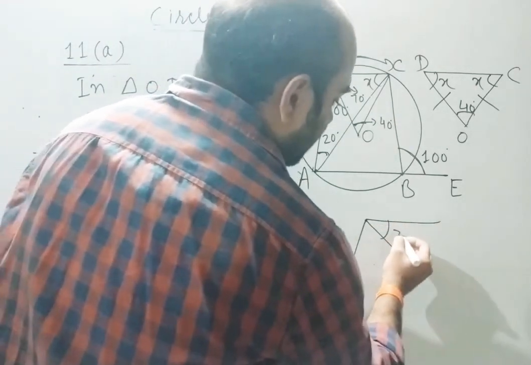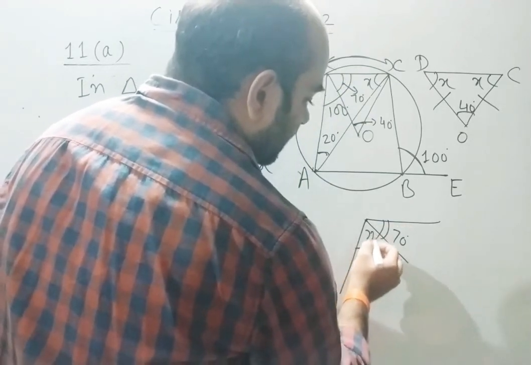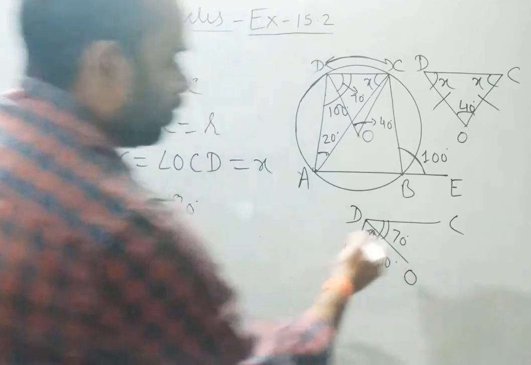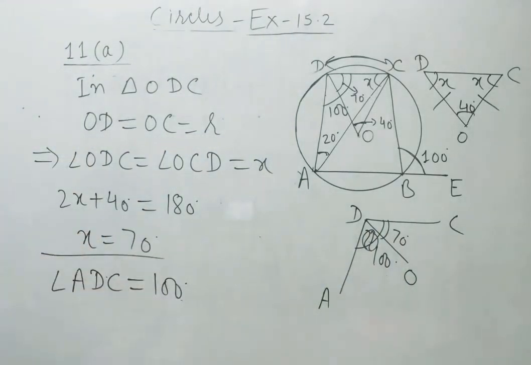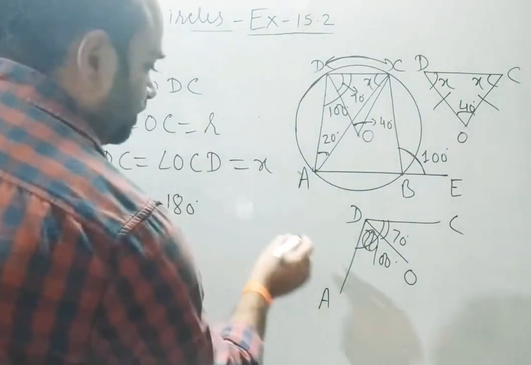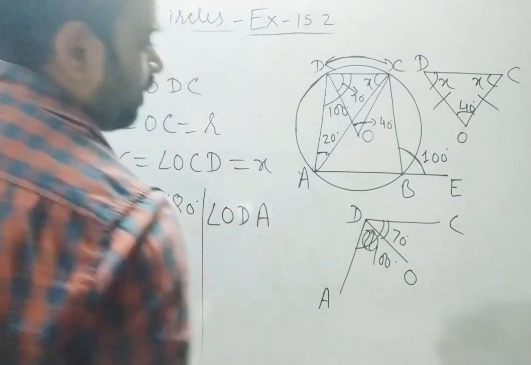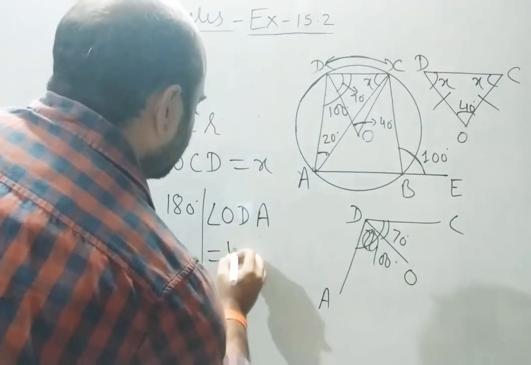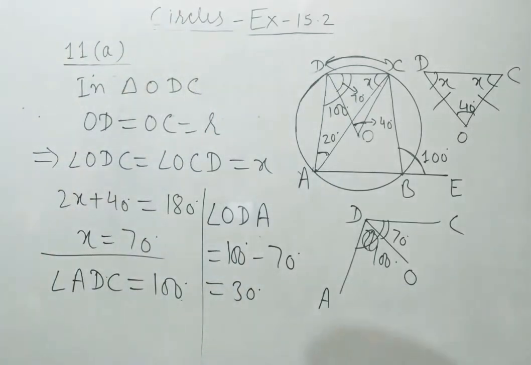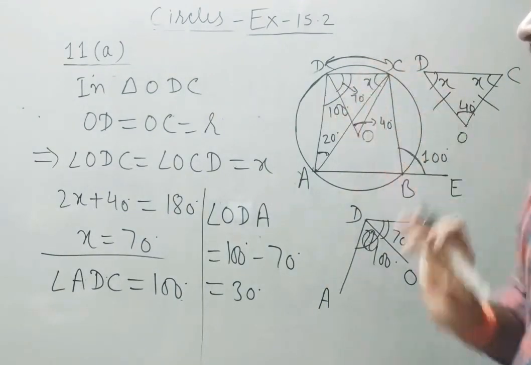This angle is 70. This complete angle is 100. Then you can find this angle, that is ODA. So complete angle ADC is 100. Then angle ODA will be 100 minus 70, that is 30 degrees. Understood? Complete 100, this is 70, then this will be 30.